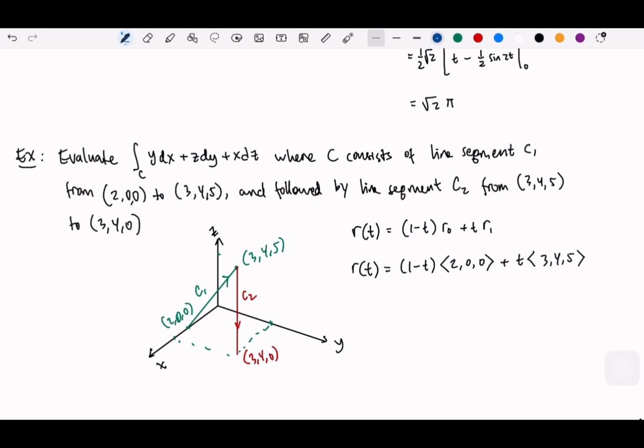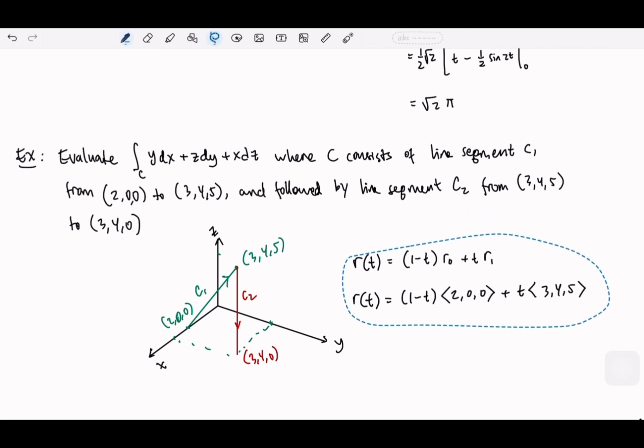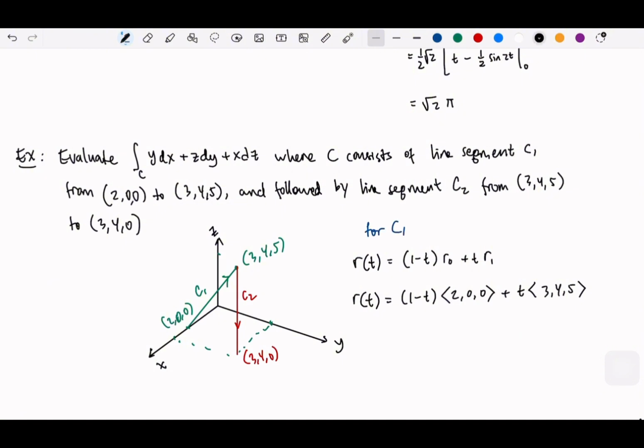So solve this. This will be 2 minus 2t plus 3t, so 2 plus t, 4t, and 5t. So that's our vector r.